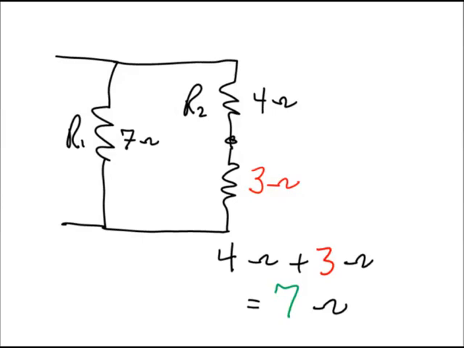Now we can very easily see that the 3 ohm resistor is in series with the 4 ohm resistor. So we get the equivalent resistance of those two resistors in series, which is equal to 7 ohms.